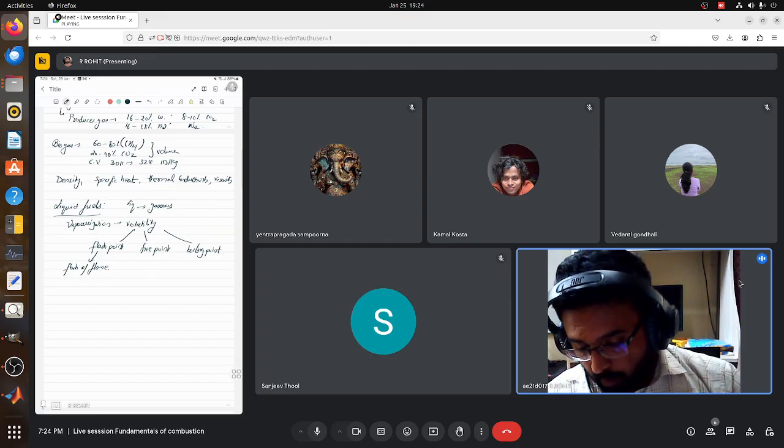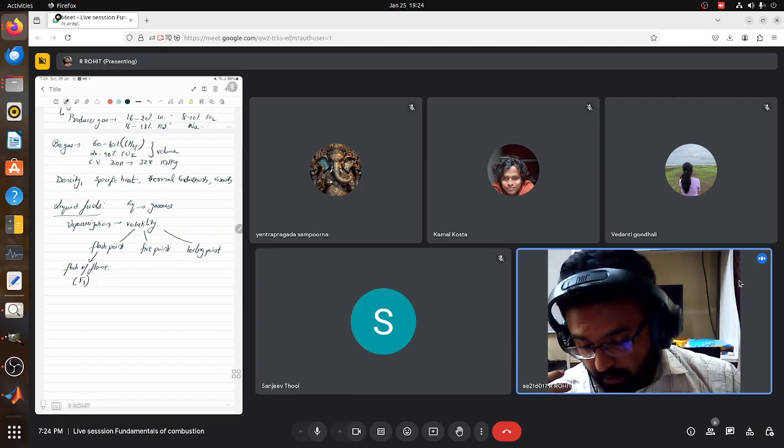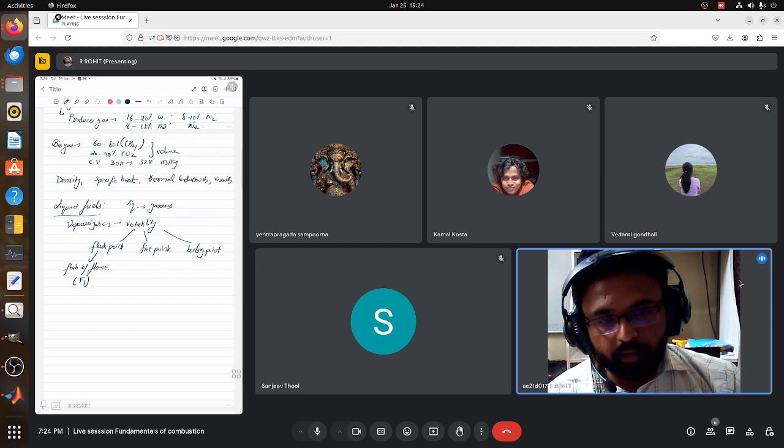Whereas in the case of a fire point, it is the temperature. So you will have the flash point first. Then, at a further higher temperature, higher than the flash point, when an ignition source is introduced, a flame sustains over the liquid surface even after the removal of the pilot ignition flame. So the difference between flash and fire point is this: when you give an ignition source over the liquid surface, if you get sufficient vapors for a small flash, and when you remove the source it goes off, then it is called the flash point.